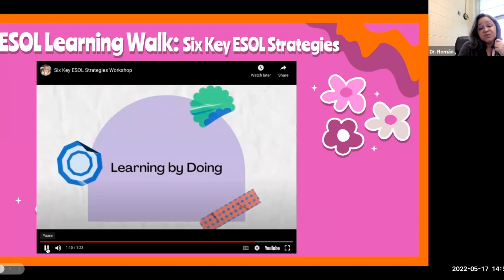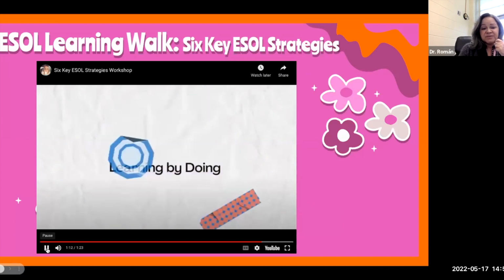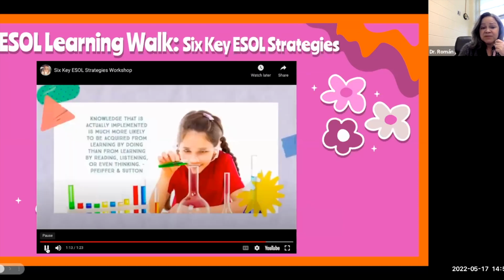And learning by doing, instead of telling them what to do, having them do it by themselves. Knowledge that is actually implemented is much more likely to be acquired from learning by doing, like John Dewey said, than from learning by reading, listening, or even thinking.